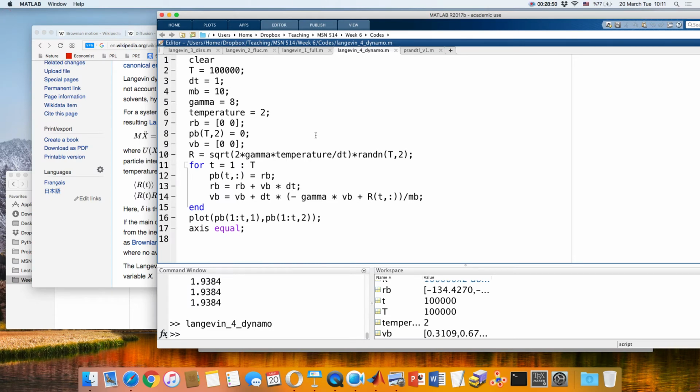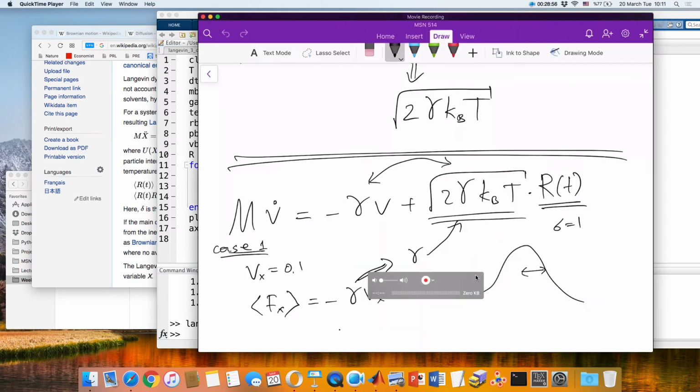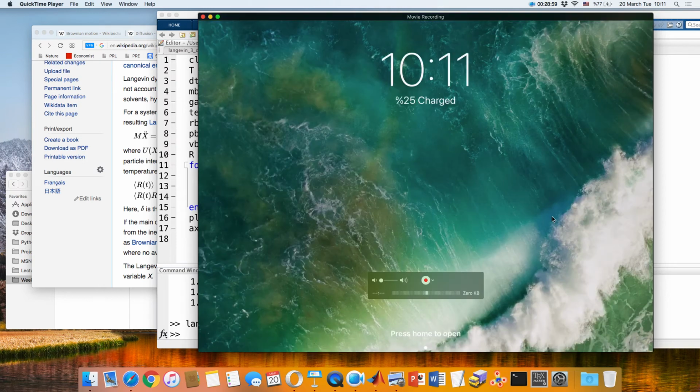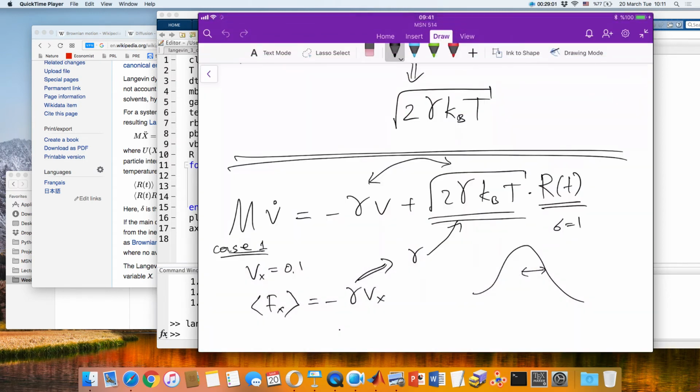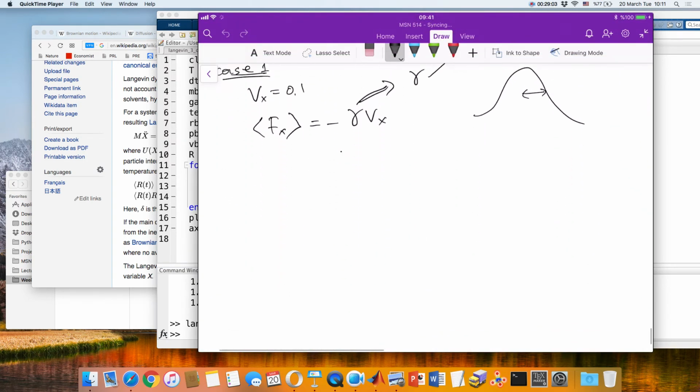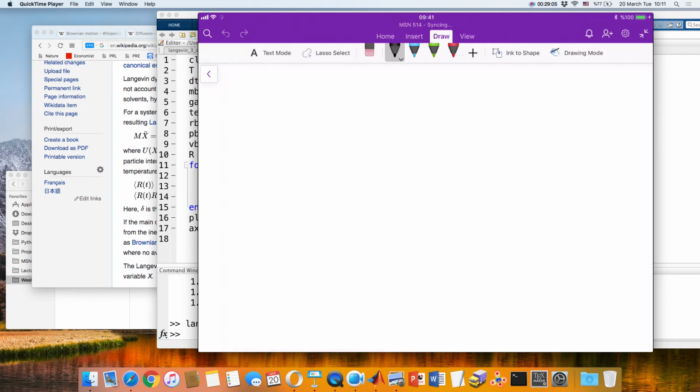Now, I promised one more thing, and that is connecting also diffusion to this, right? What is diffusion?